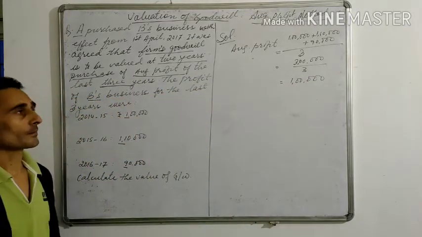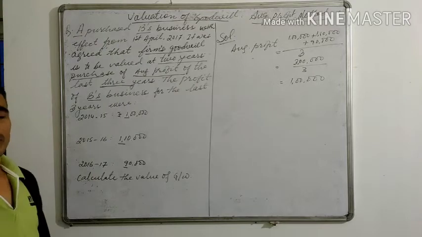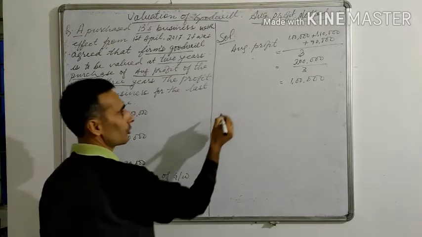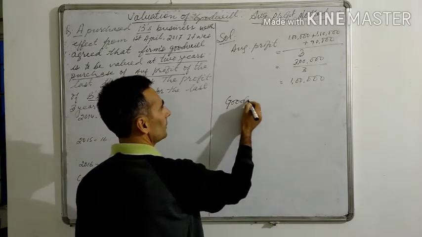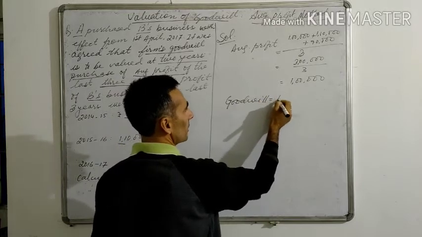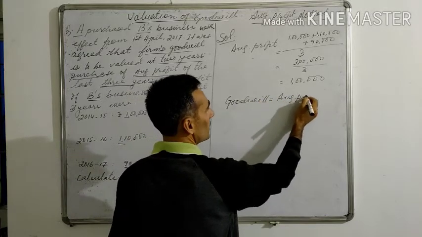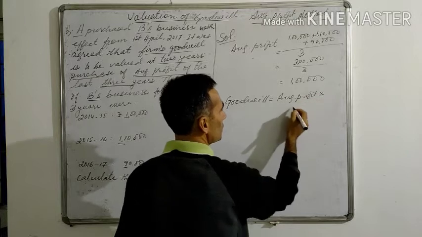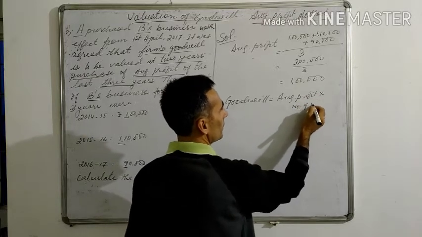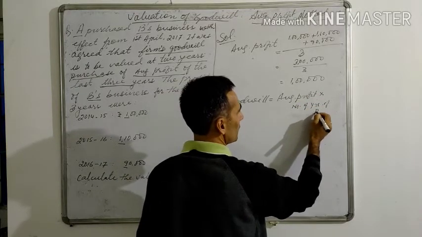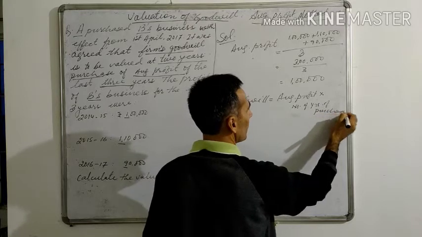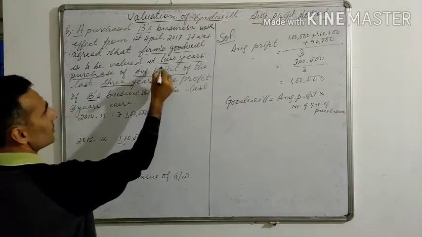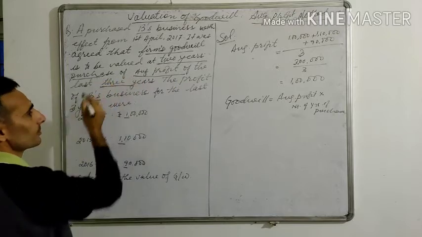Now after calculating the average profit, you need to find out the value of goodwill. So goodwill under the average profit method is average profit into number of years of purchase. And here the number of years of purchase is mentioned, 2 years purchase.